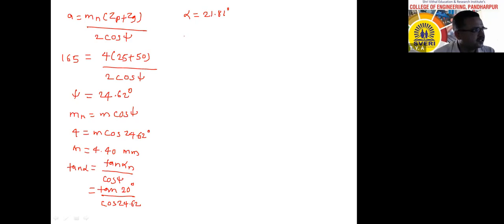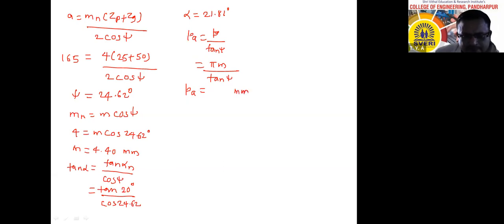Next is which value? Axial pitch. PA is equal to P upon tan psi. P is equal to pi into m divided by tan of psi. What is the PA value?